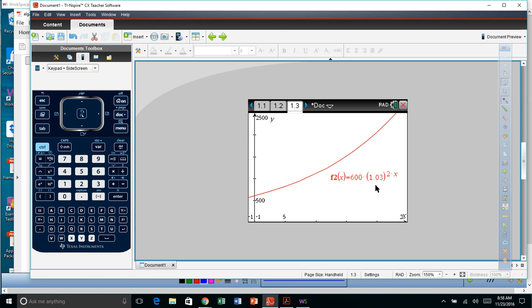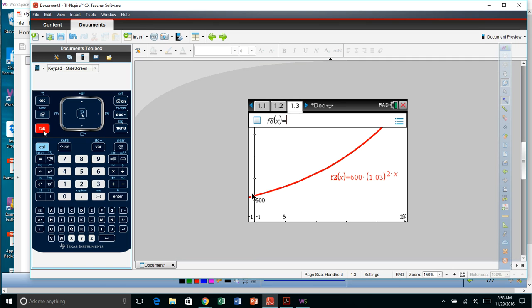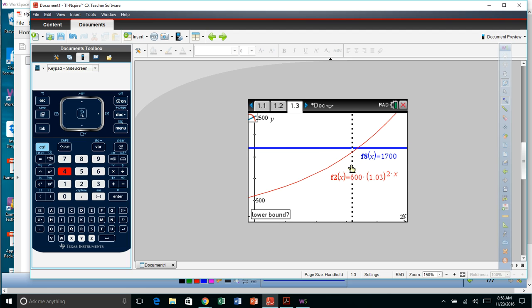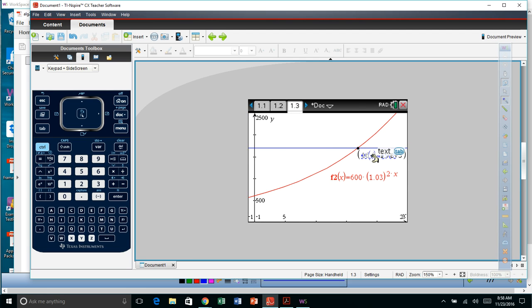There it is. 600, 1 point. And now we need to press tab in 1,700. And where do they cross? Menu 6, 4. And there it is right there. So it's going to take about 16.9 years.